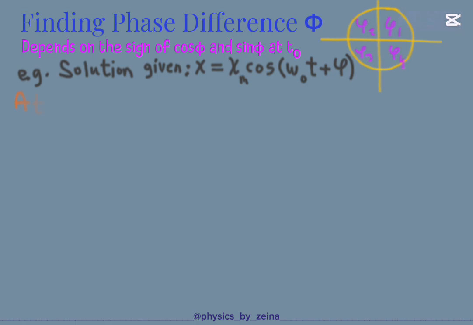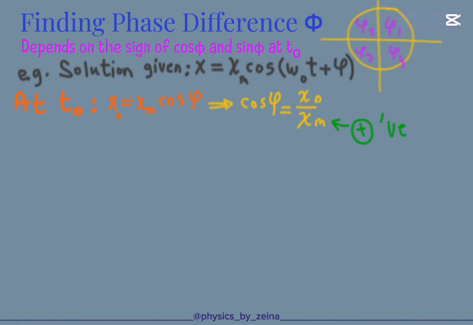In order to find phi, you need to solve it at t equals 0, where x0 is equal to x max cosine phi. So cosine phi is equal to x0 over x max, where x max is always positive. So cosine phi depends on the sign of x0.